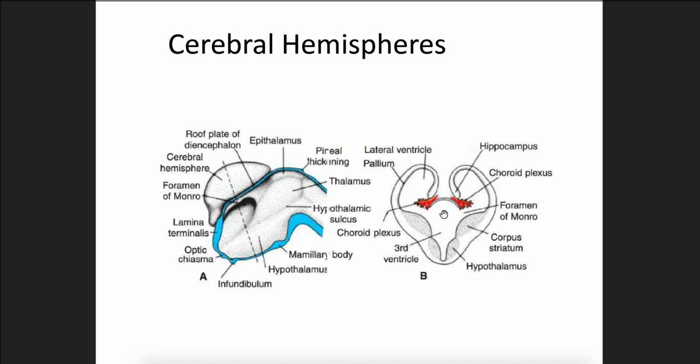And so movement away from this area and this area will be the developing cerebral hemispheres. Don't look at these details, we will talk about them later on. So the cerebral hemispheres will grow outwards and laterally to the diencephalon.